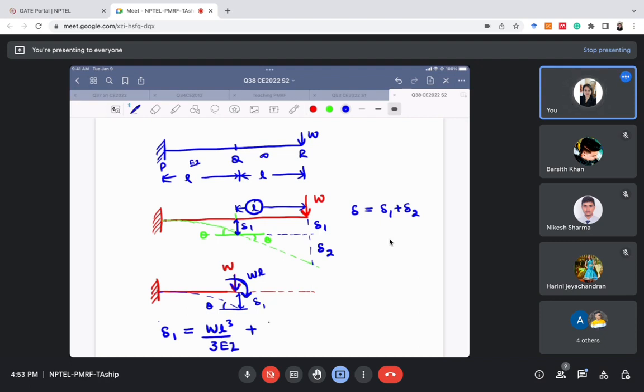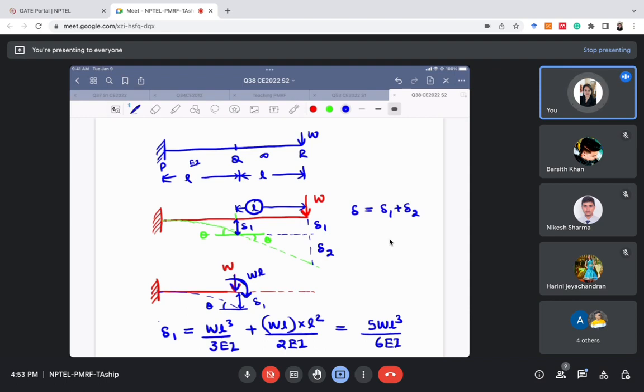What is M here? M is WL, and the length is L. So you will calculate the value of delta 1 as 5WL cube by 6EI. This is the value of delta 1 we got.